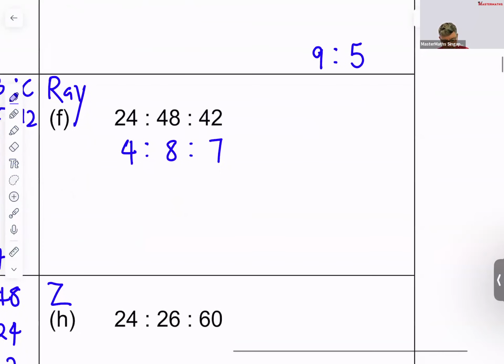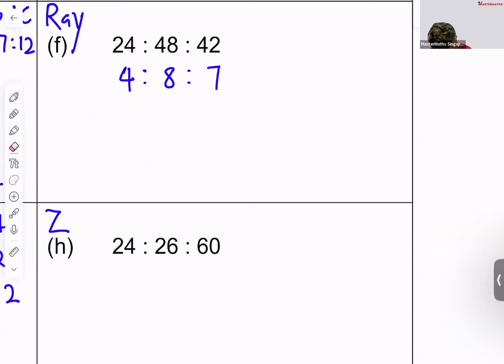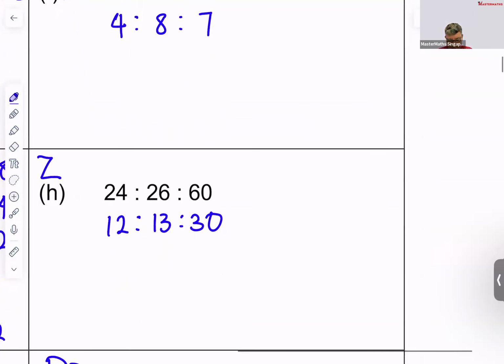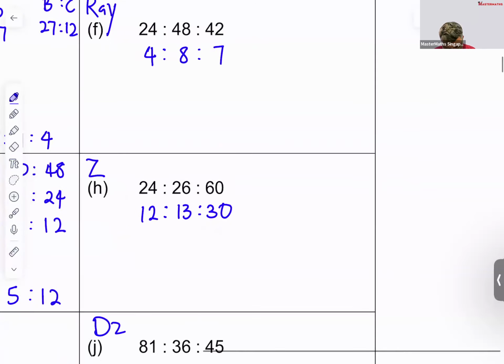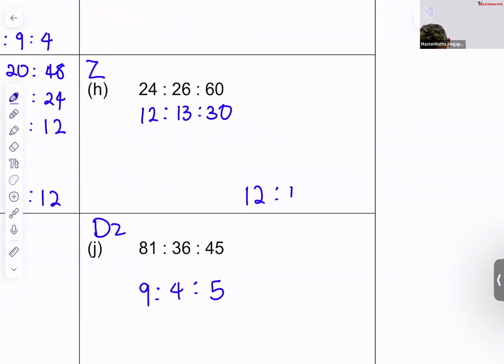All right. Zikri. 12 to 13 to 30. So we just read 12 to 13 to 30. Then people will understand. Last one, Zima. 9 to 4 to 5. Well done. So not that difficult, even though it's something new, right?